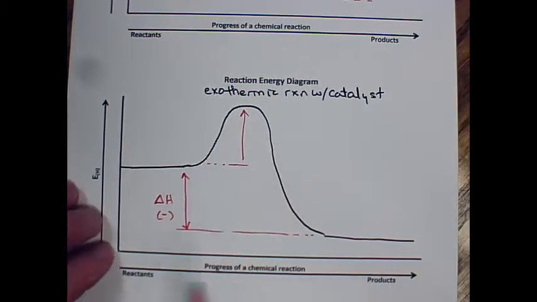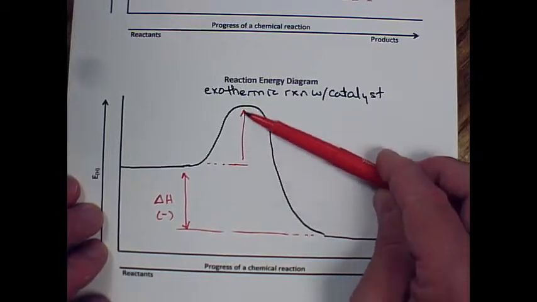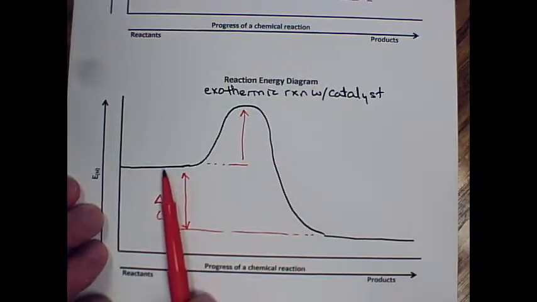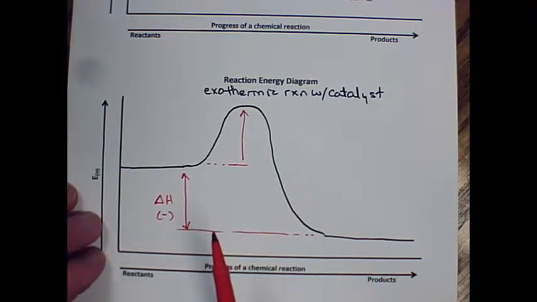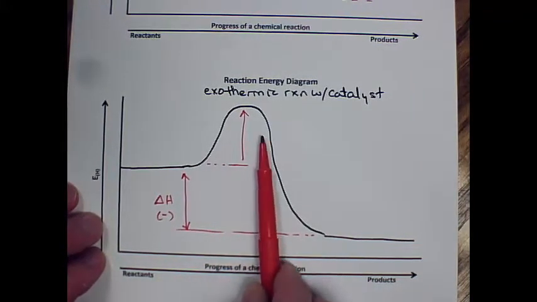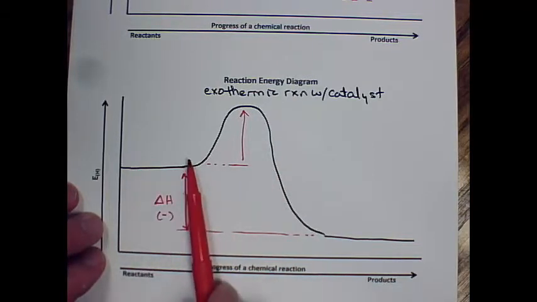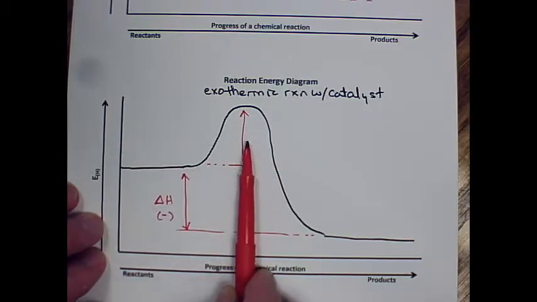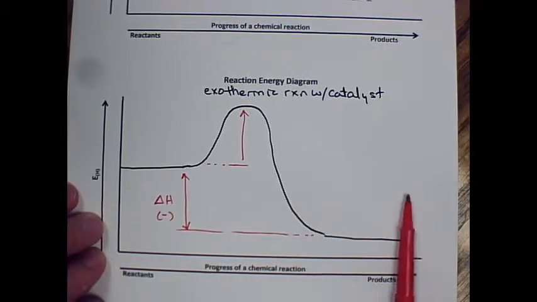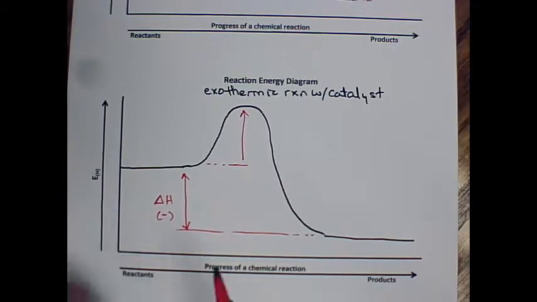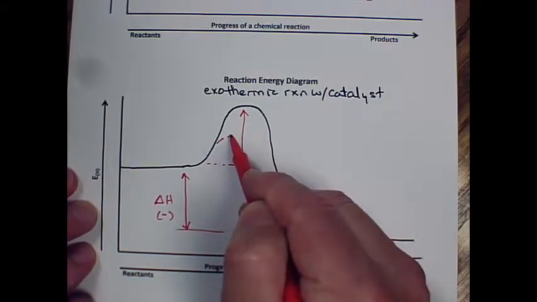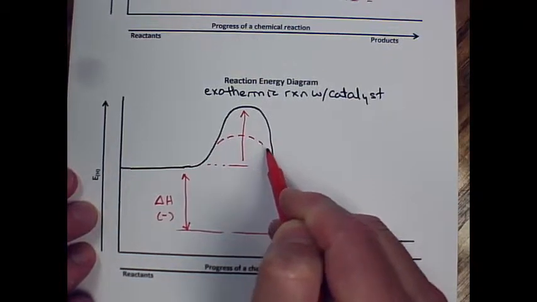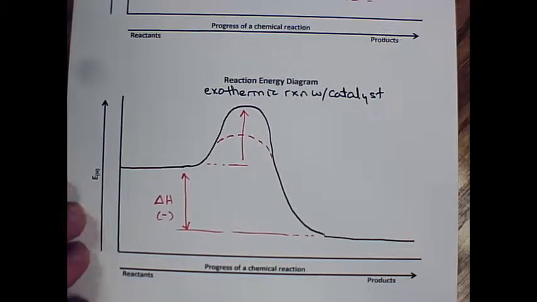If we have a chemical reaction where the activation energy hill is so high that the reaction becomes so slow that it's not practicable, then adding a catalyst will lower the activation energy hill. It makes it easier for the chemicals to get started and change from reactants to products, and it has the effect of speeding up a reaction. It doesn't really speed up a reaction. What it really does is lower the amount of activation energy needed to make the reaction move forward.